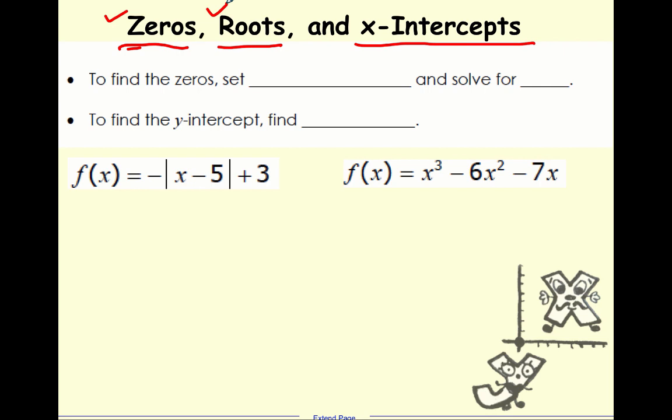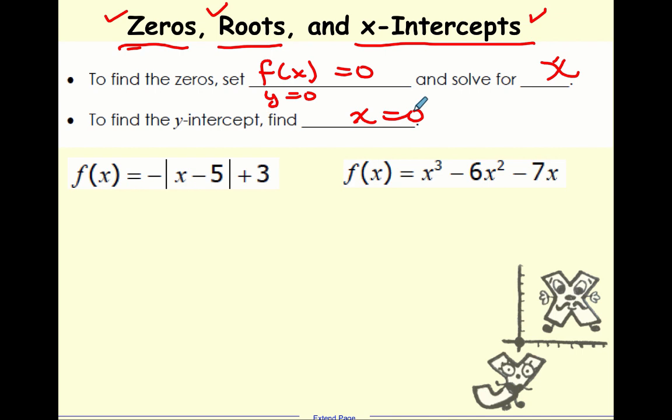But when we graph that same function, instead of solving for x, the x-intercepts give us the same result as if we had solved that equation for x. To find the zeros, we would set f of x equal to 0, or y equal to 0, by substitution, and then solve for x. To find the y-intercept, we make x equal to 0 and solve for y.